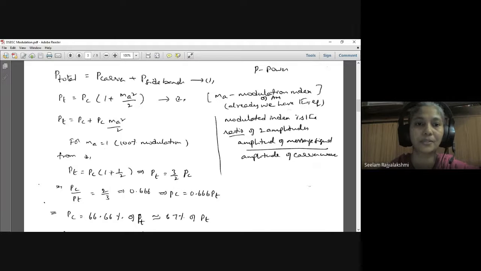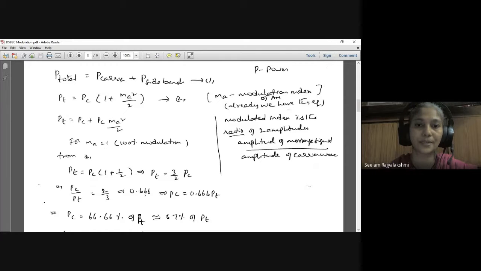By taking LCM, Pt equals 3 by 2 Pc. So the total power equals 3 by 2 of the power carried by the carrier wave. By cross multiplication, Pc by Pt equals 2 by 3, which is almost 0.666.